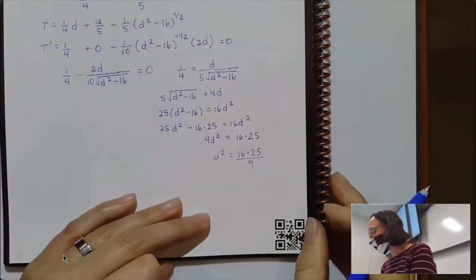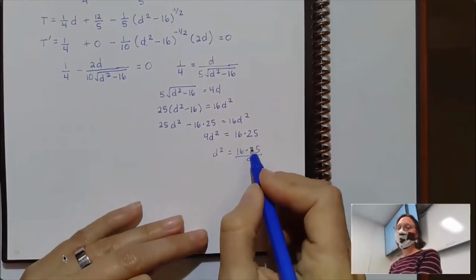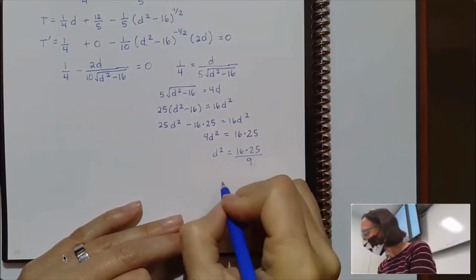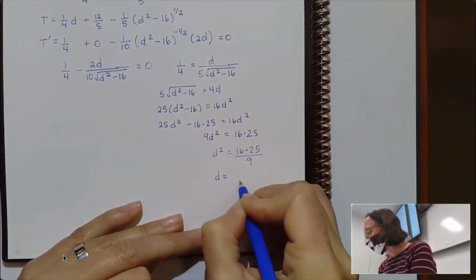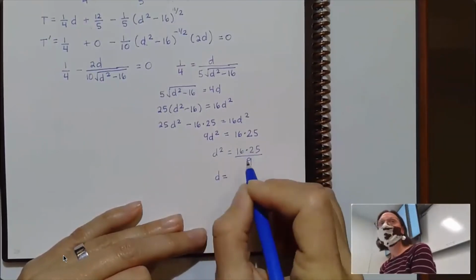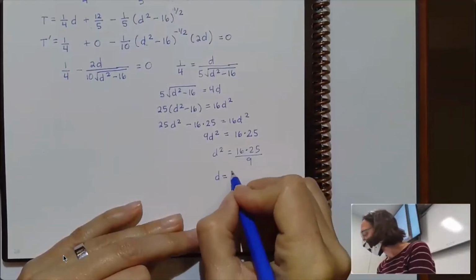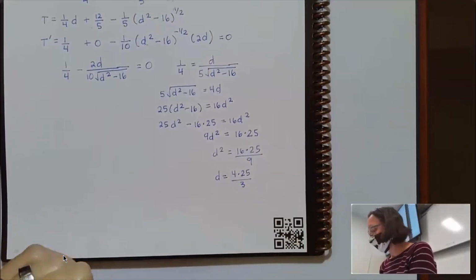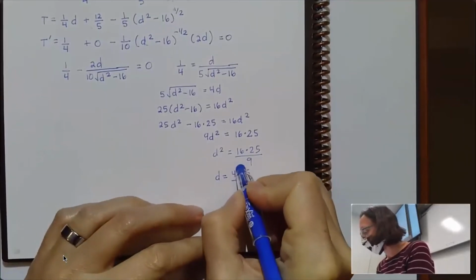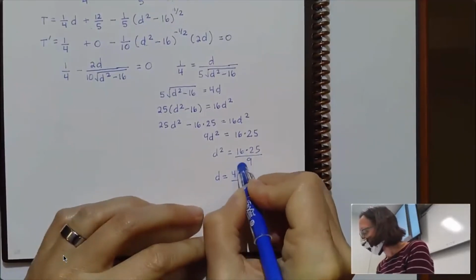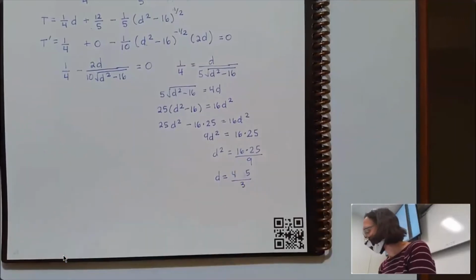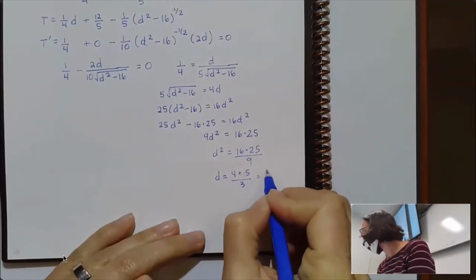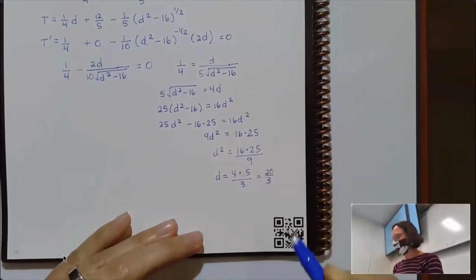And then when I take the square root, because everything over here is multiplication and division, I'm taking the square root of each thing. So that's 4 times 25 divided by 3. I mean, how about 4 times 5 divided by 3, or 20/3.